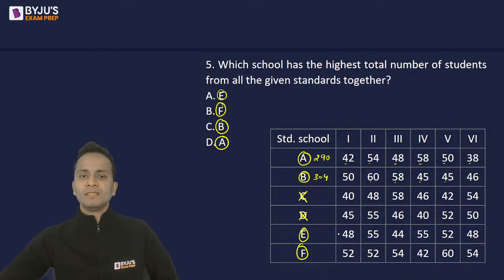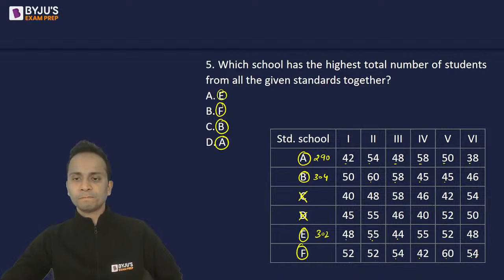Okay. Then school E, 90, 130, 230, 270, 280, 290, 302, marginally less. And school F, 15, 19, 25, 30, 300, 310, and 314. So 314.